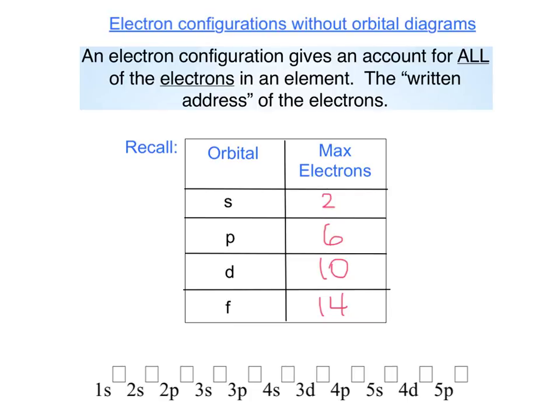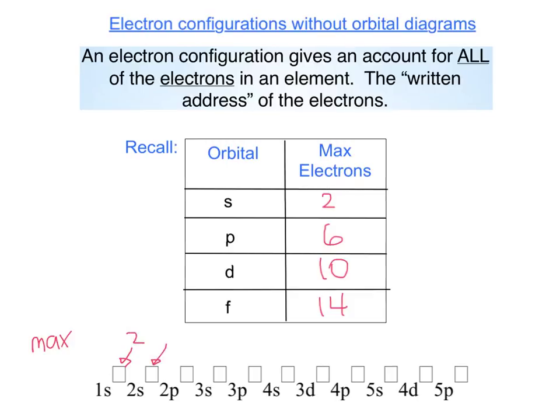Here are the energy levels of the orbital diagram in the correct order. This time I just wrote them out sequentially. And if you notice, I have these blank orbitals where we can fill in. One thing we need to remember is the maximum electrons each can hold. For this s, the maximum number of electrons is 2.